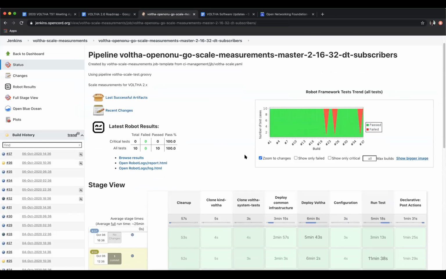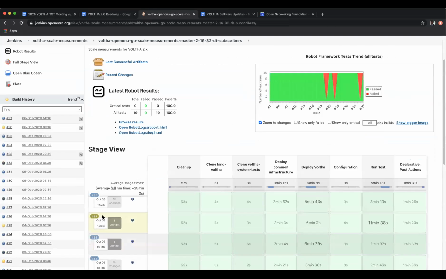This one has 1 ONU Go adapter, at the same scale that we're targeting with the 8 Python adapters: 2 OLTs, 16 PON ports, 32 ONUs per PON port, so 512 ONUs per OLT. And except this failure that I have to look into, there's very, very good timing.